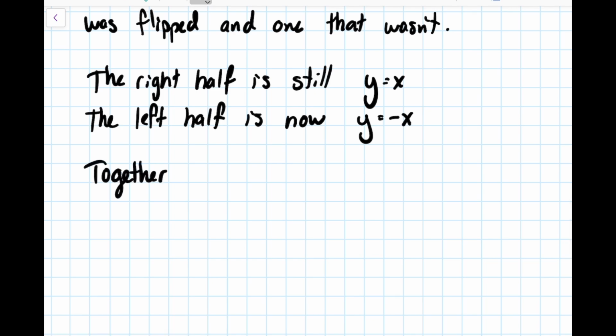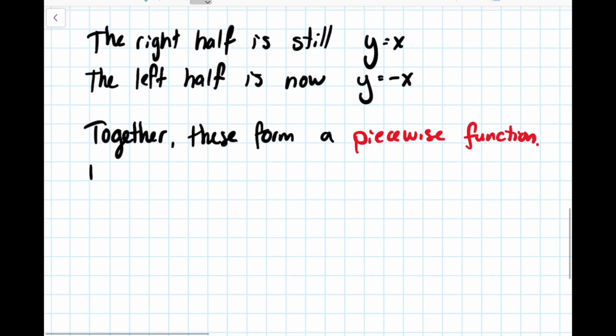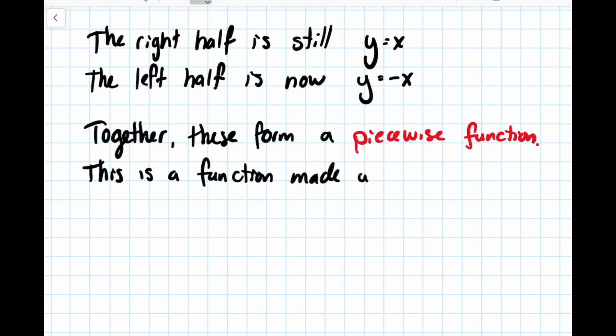And so that thing, that equation that combines them, has a name. They form what we call a piecewise function, right? Piece because it has two pieces. And a piecewise function is just a function that's made up of a few different pieces, right? So it's a function that's made up of two or more pieces, and those pieces are typically separated based off of the domain, based off of the x values.